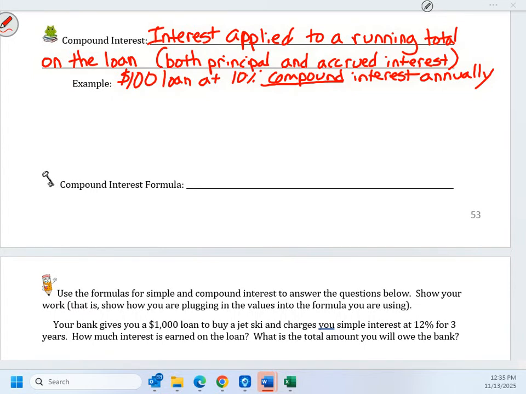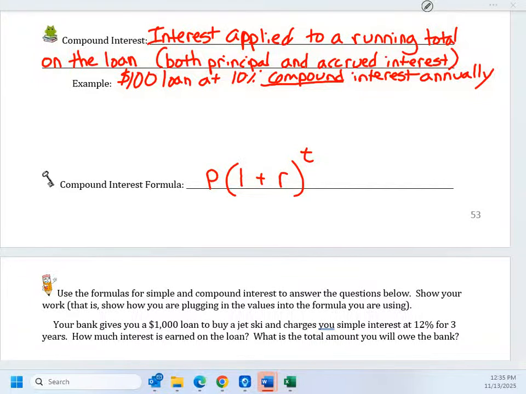Our compound interest formula is that principal times, in parentheses, 1 plus the rate, to the exponent, to the power of the time. So we're going to use exponents with it. Instead of just rate times time, all of a sudden it's going to go to that exponent.